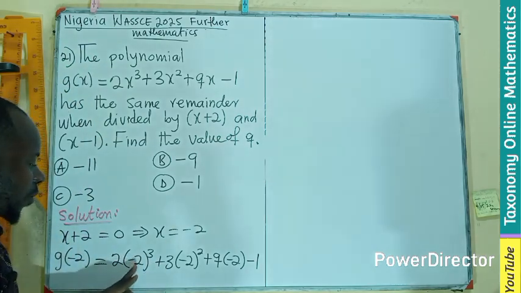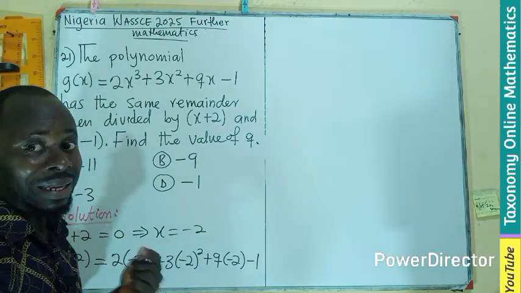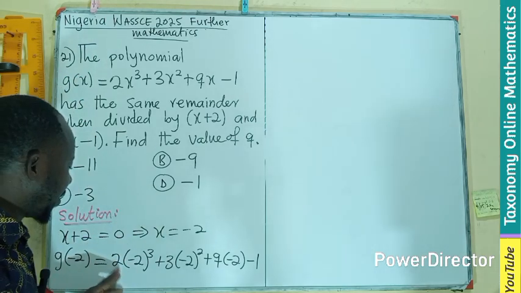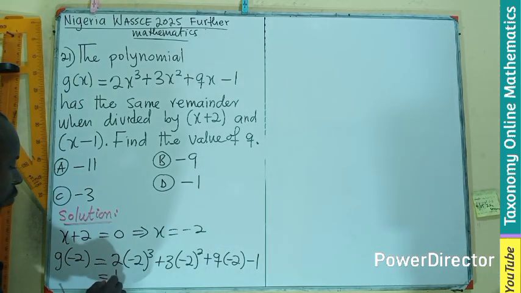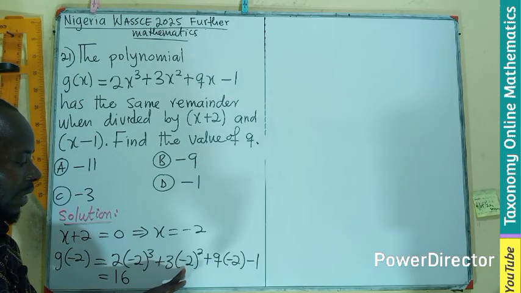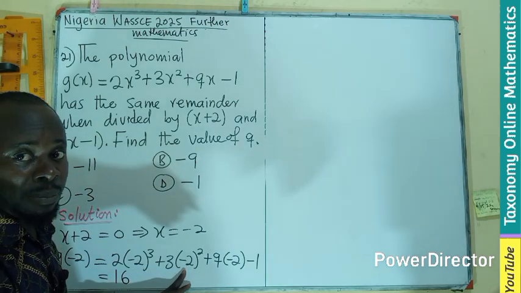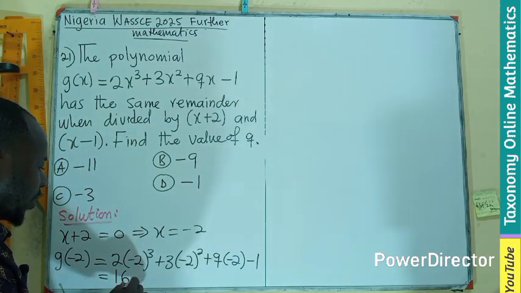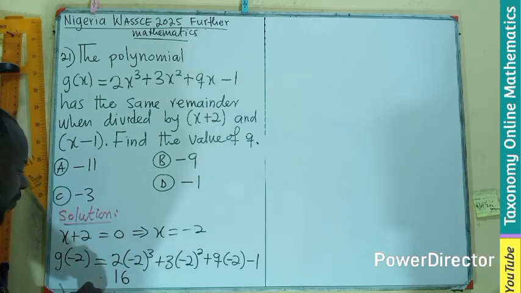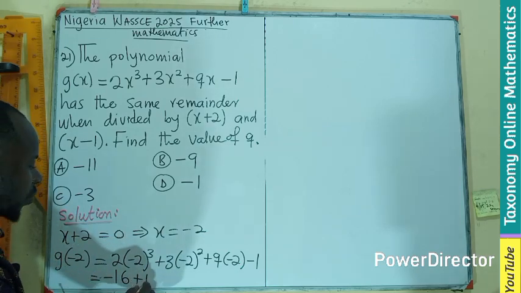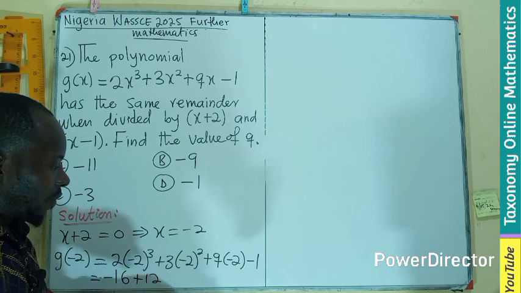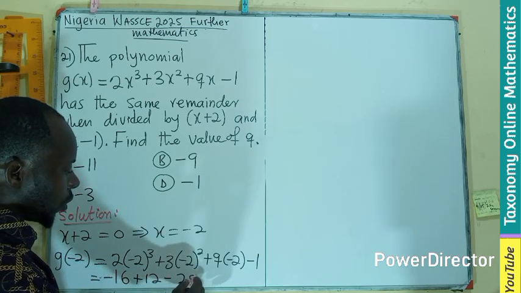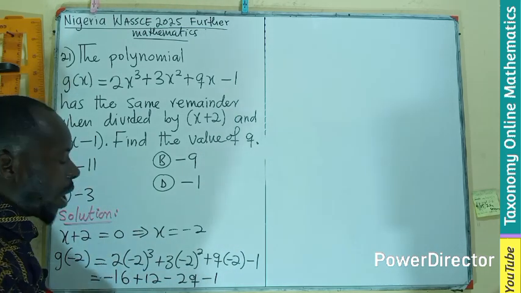So we just find 2 cubed, and that will be 8. 8 times 2 will give us 16. This is an even number as a power, so the result will be positive 4, times 3 will be 12. The first term will be negative, so we have negative 16 plus 12. In the case of this, it will be negative 2q minus 1.